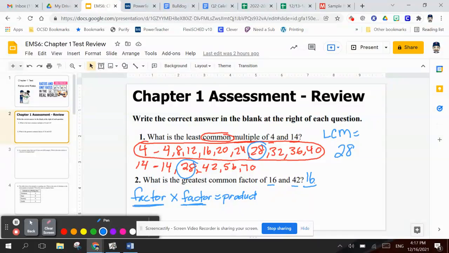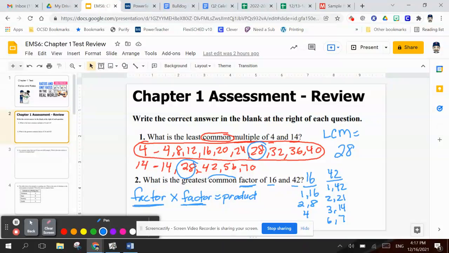So for 16 would be 1 times 16, 2 times 8, and 4 times 4. For 42, I have 1 times 42, 2 times 21, because 42 is even, 3 times 14, and 6 times 7. So those are all of our factors.